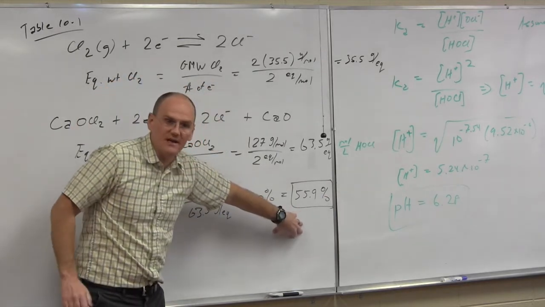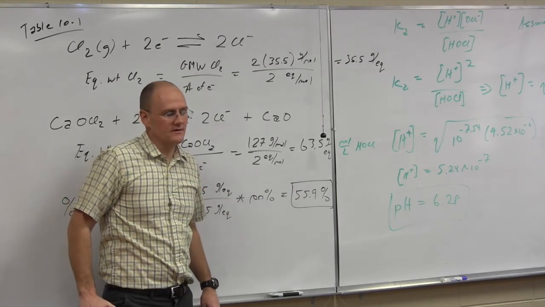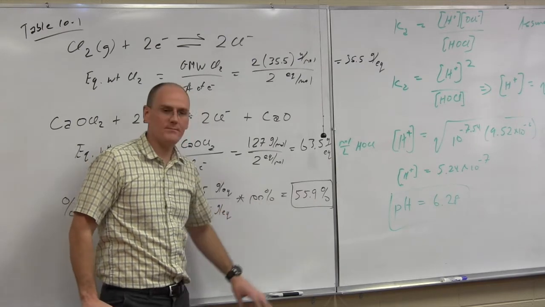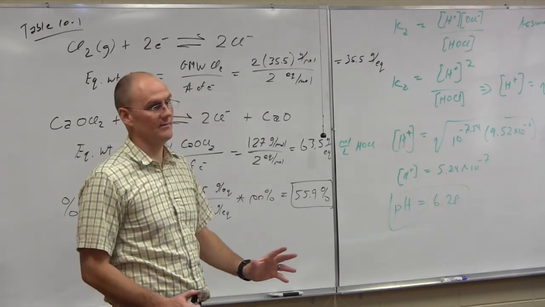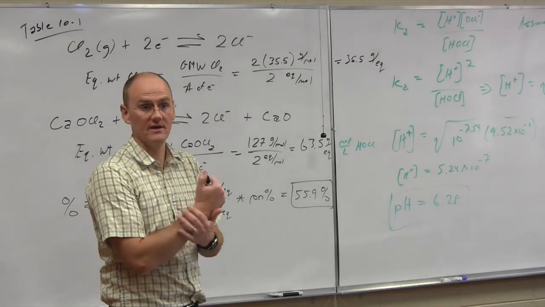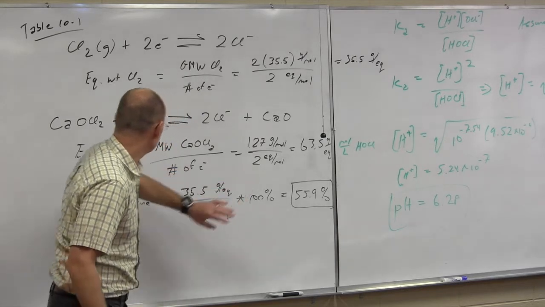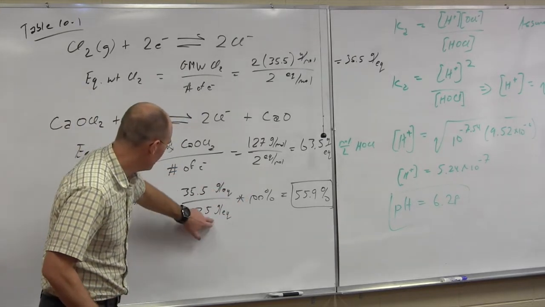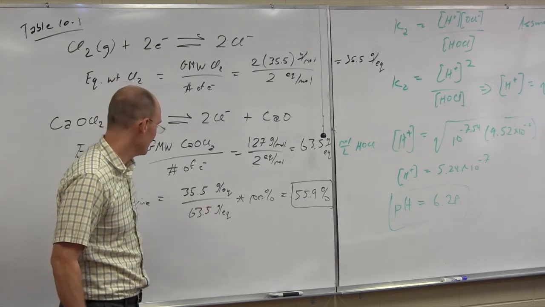Basically, all this is saying is if I use 1 kilogram of this, it's going to be 55.9% as strong as 1 kilogram of free chlorine gas. All right? It's really talking about the mass. It's a mass per mass. It's got grams per equivalent over grams per equivalent in this equation here.